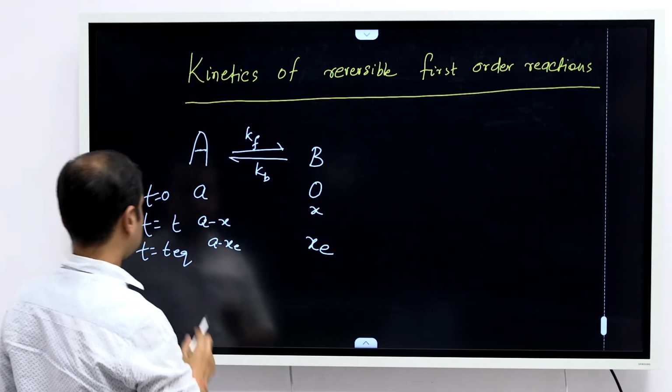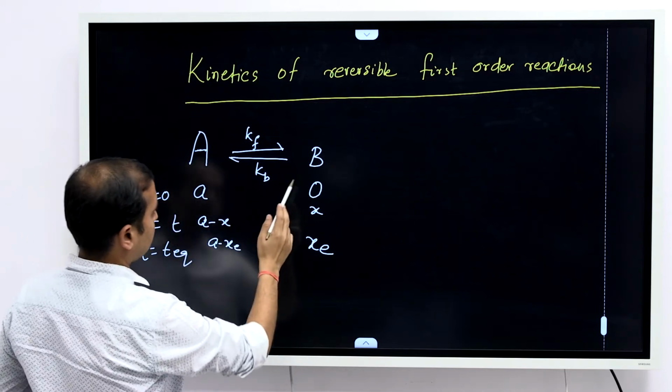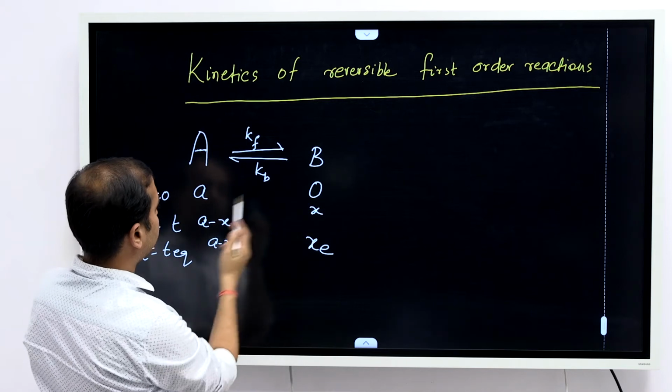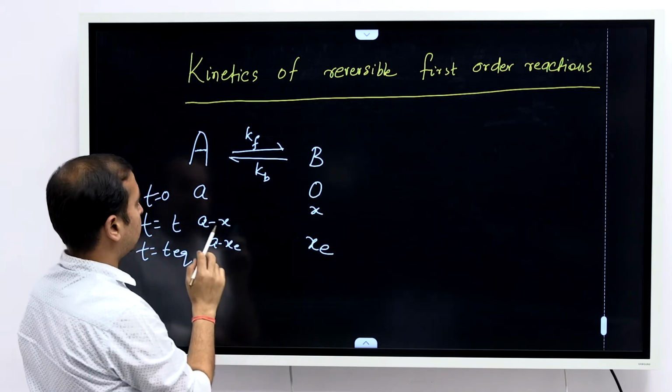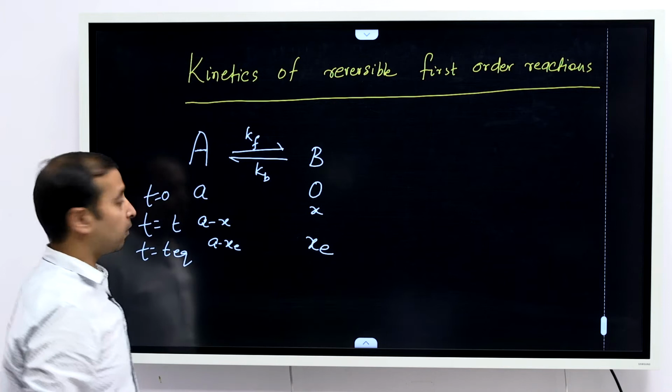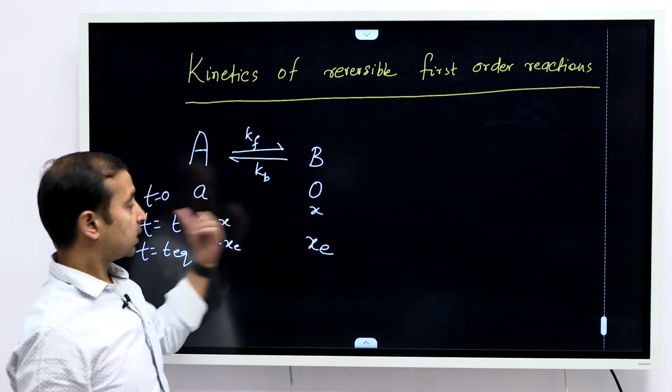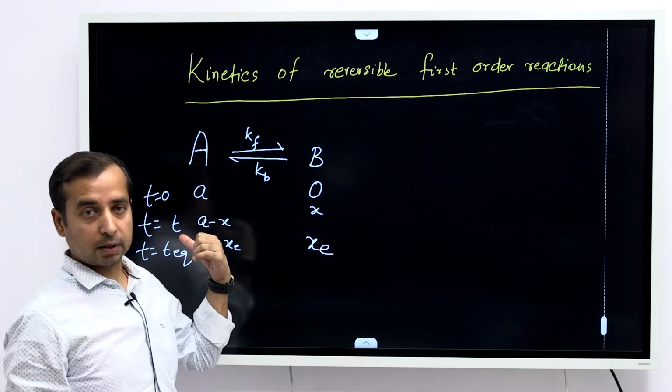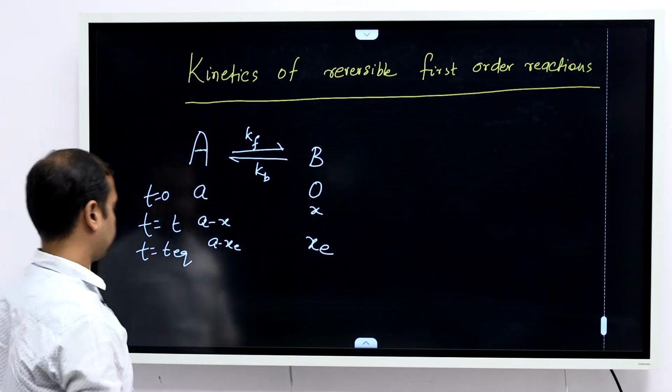Now we write the rate of formation of B in the forward reaction and the rate of disappearance of B in the backward reaction.